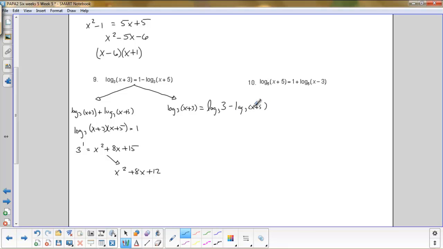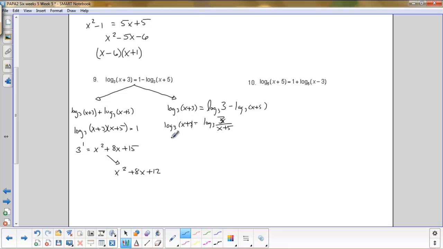Now I'm going to use properties of exponents here to help me solve. Log base 3 of x plus 3 equals log base 3 of 3 divided by x plus 5. Drop your logs from both sides and multiply x plus 5 to the other side of the equation.